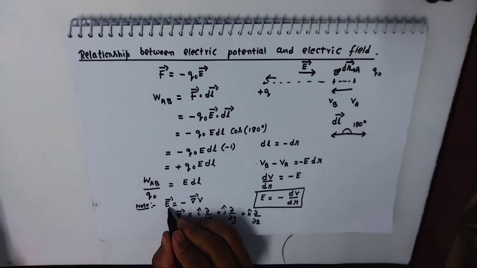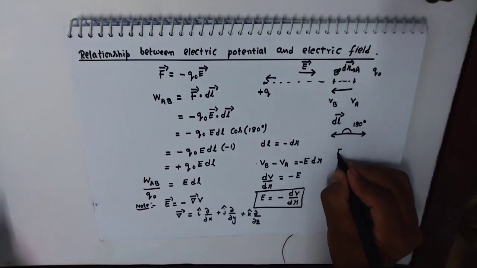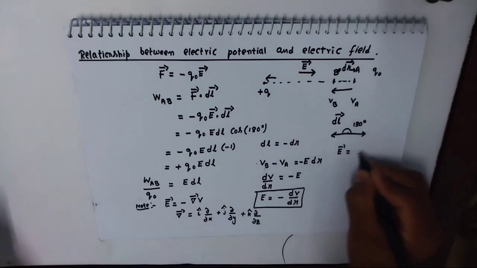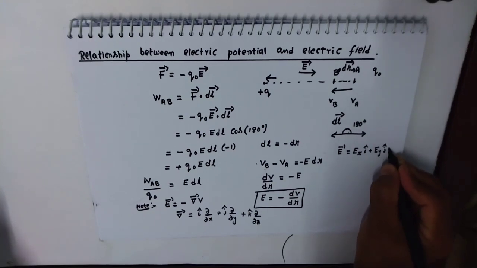If we resolve this vector E into 3 components, we can write E equals Ex i cap, Ey j cap plus Ez k cap.